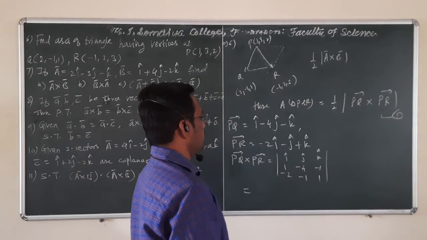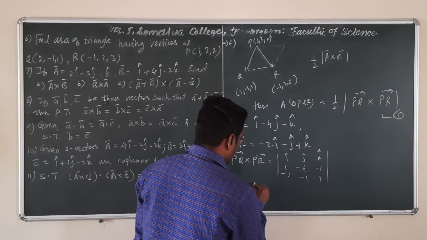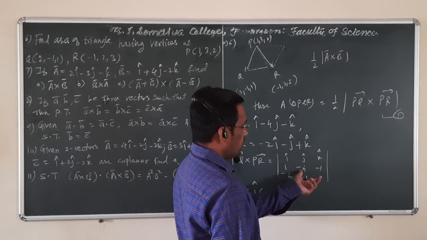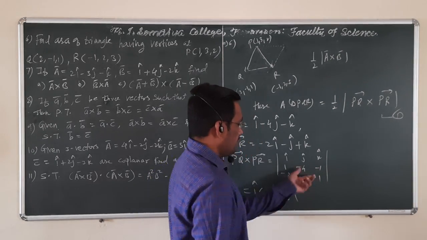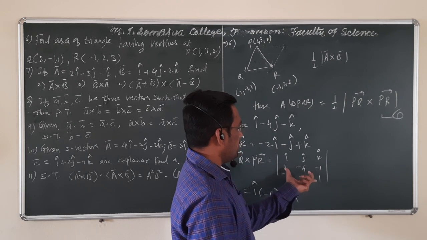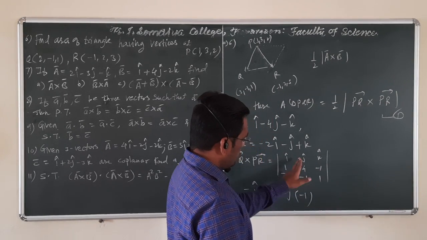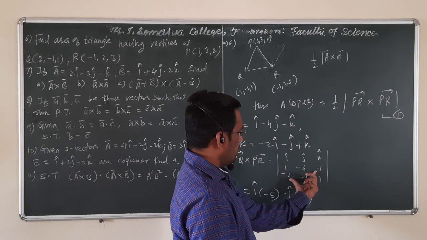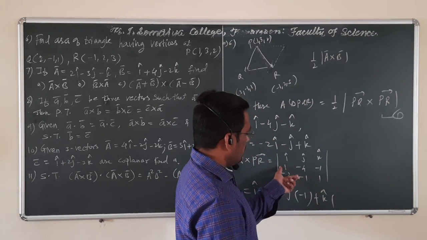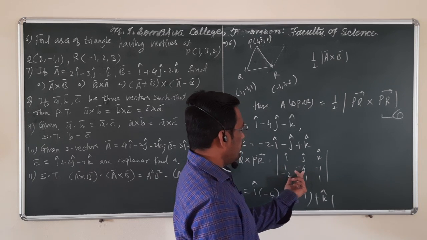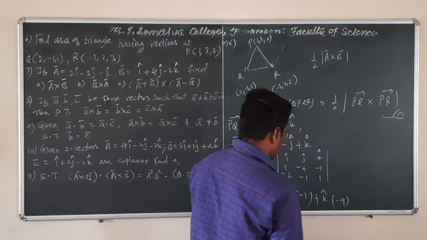So this is equal to i cap into (-4 minus 1, which is -5), minus j cap into (1 minus 2, which is -1), plus k cap into (-1 minus 8, which is -9).